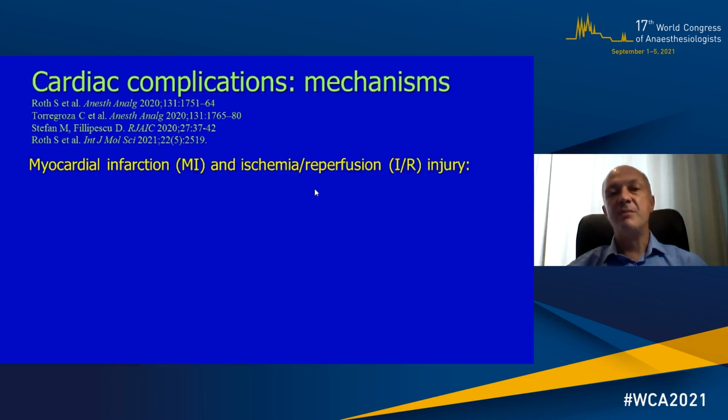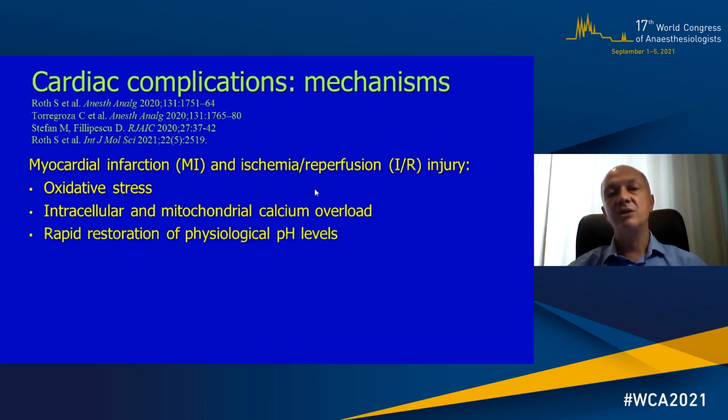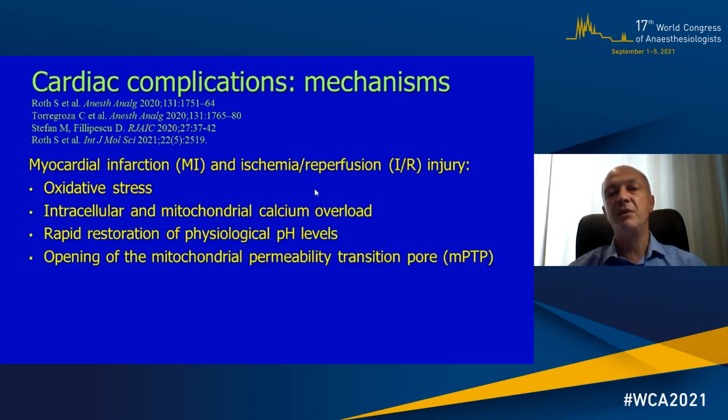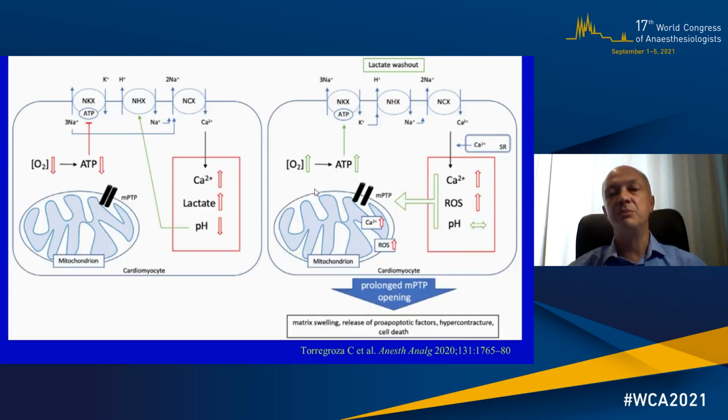Myocardial infarction and ischemia reperfusion injury are among the most frequent causes of cardiac complications, and their mechanisms include oxidative stress, calcium overload, rapid restoration of physiological pH during reperfusion that will lead to opening of the mitochondrial permeability transition pore. And here in the left panel, you see that during ischemia, the anaerobic glycolysis leads to deterioration of pump transport, to calcium overload, and to acidosis.